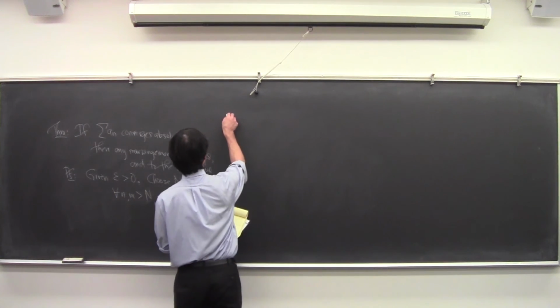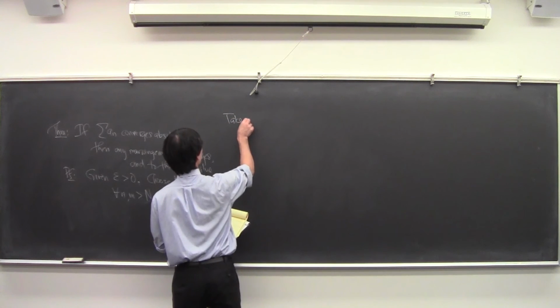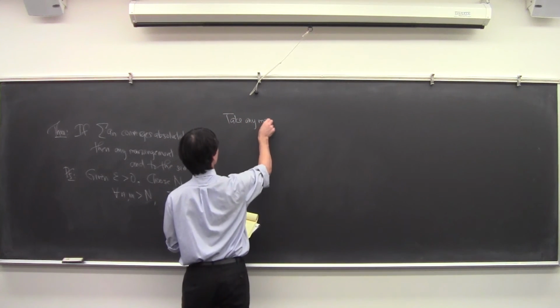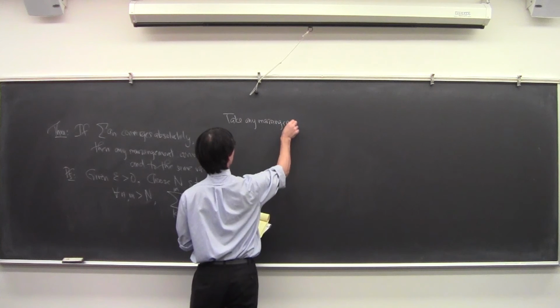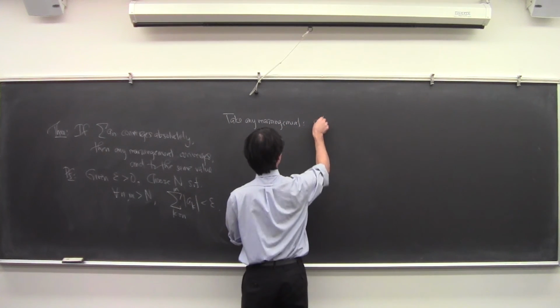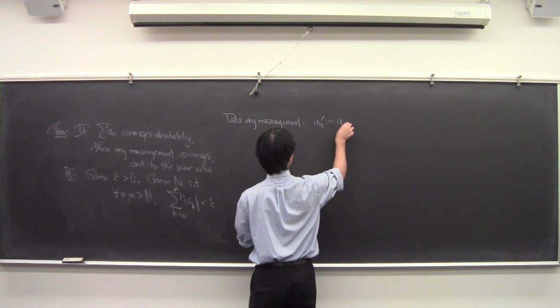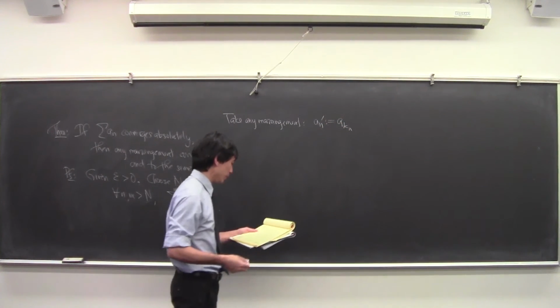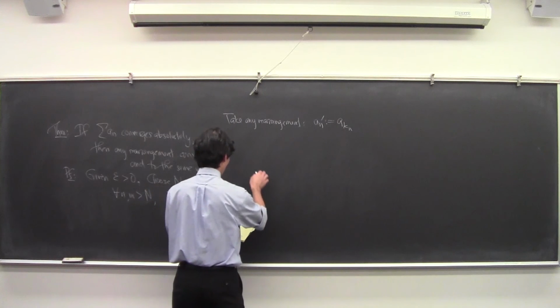Okay, so now take any rearrangement. Let's say a sub n prime is a sub k sub n, using the previous notation. Okay.